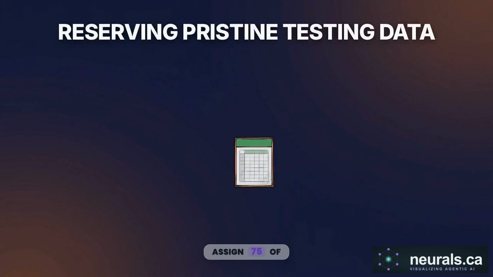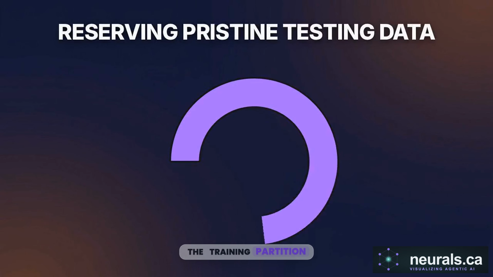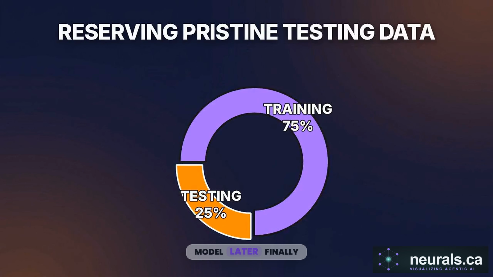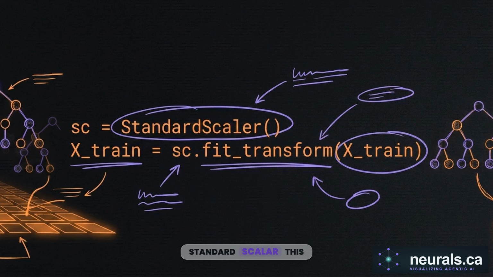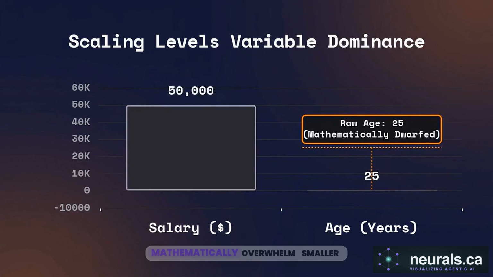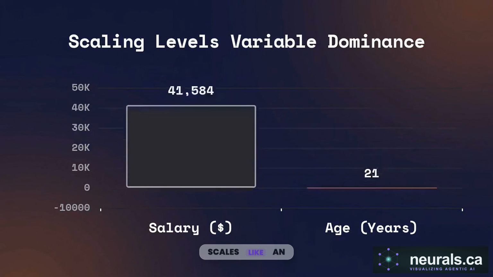We assign 75% of the data to the training partition, reserving the remaining 25% as a pristine testing partition to validate the model later. Finally, we apply a standard scaler. This normalizes the numeric distributions across our features, ensuring that larger numerical scales, like a $50,000 salary, do not mathematically overwhelm smaller scales, like an age of 25.